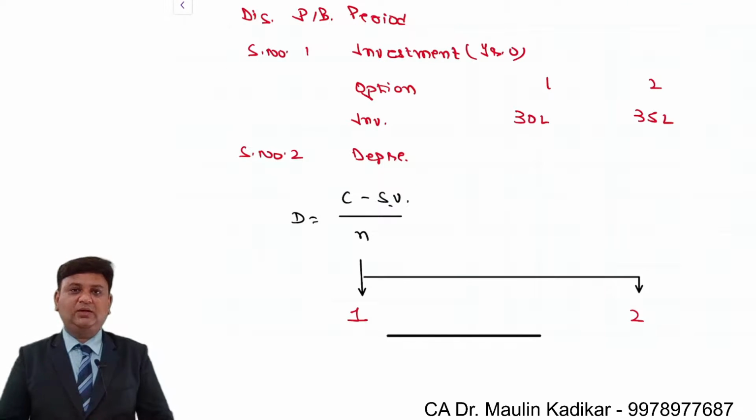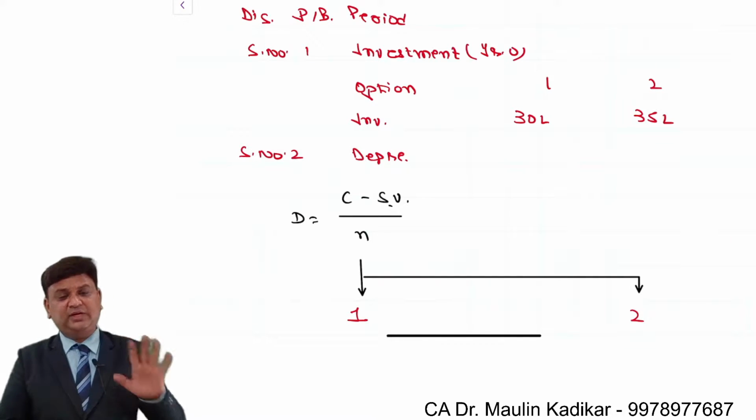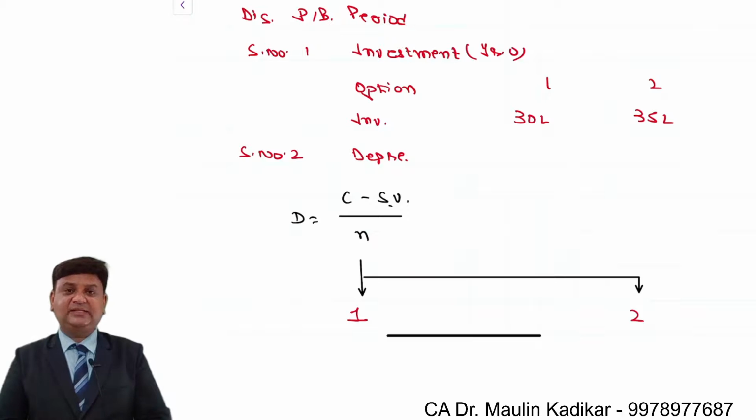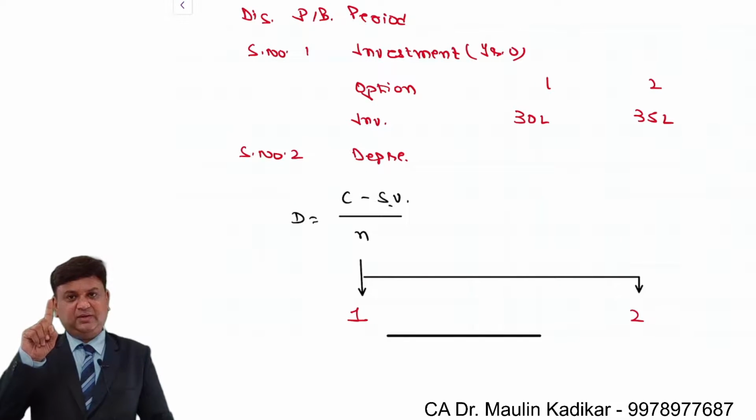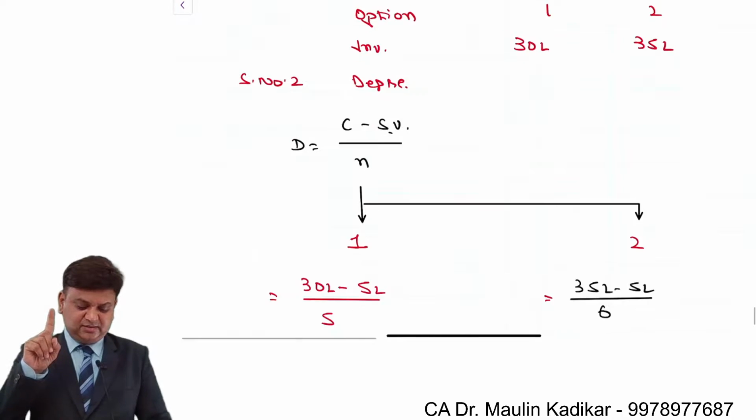So friends, let us go through the entire answer once again, and in your examination be prepared for this kind of question. This is the kind of length that you will have, and this is also the kind of moderate questions that can be asked in examination. Step number 1 is investment, 30 lakhs and 35 lakhs.